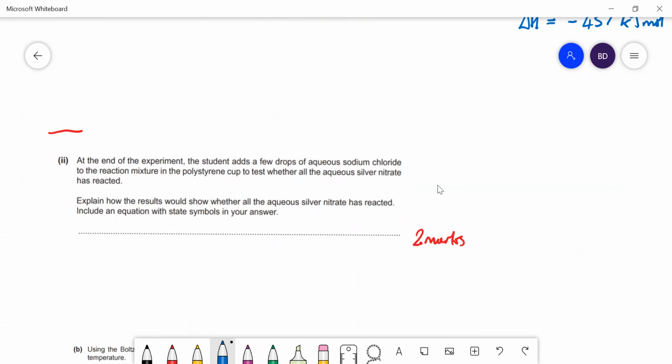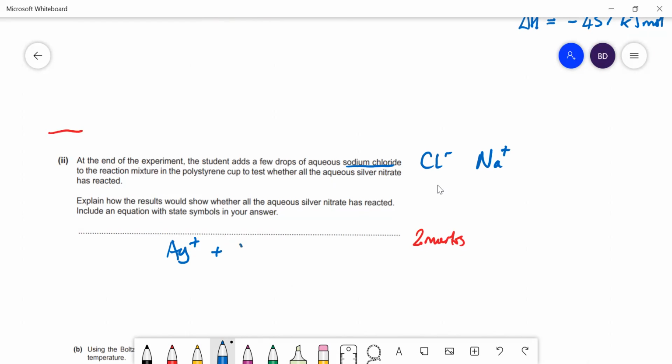If you've got any silver nitrate solution left over, any unreacted Ag plus ions, when you add chloride ions to that, so it's going to add sodium chloride, which contains Cl minus ions. It contains Na plus ions, which are obviously spectators.